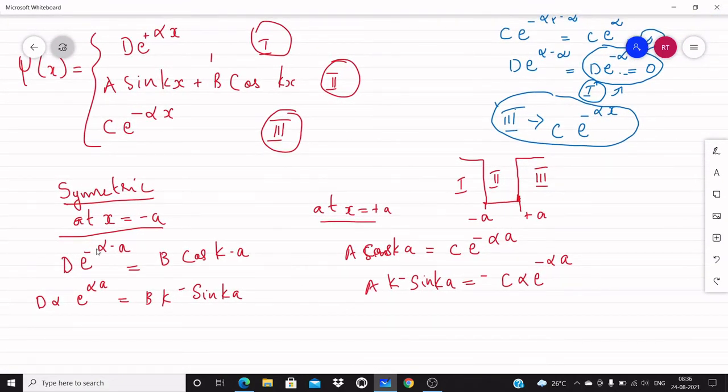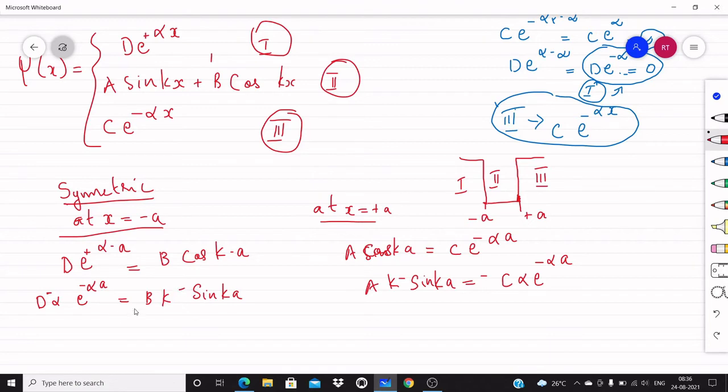Here it is actually positive, so it will be minus, and the derivative also will have a minus alpha. Okay, now it is correct.